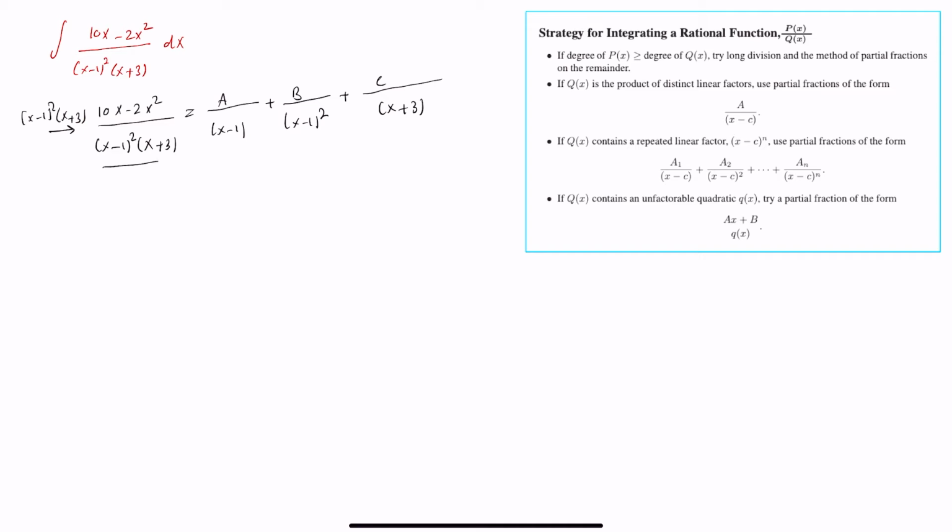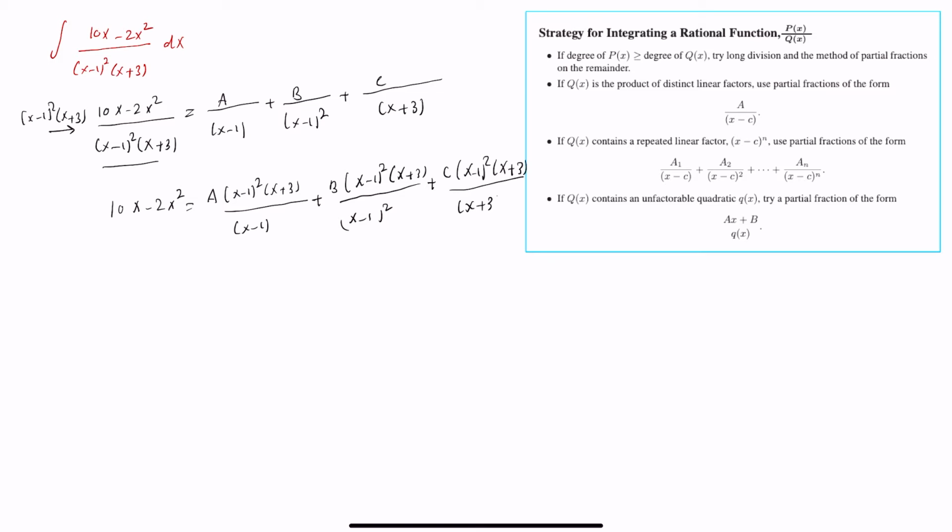That's going to equal 10x minus 2x squared, and on the right side it's going to be A times (x minus 1) squared (x plus 3) over x minus 1, plus B times (x minus 1) squared (x plus 3) over (x minus 1) squared, and plus C times (x minus 1) squared (x plus 3) over x plus 3.